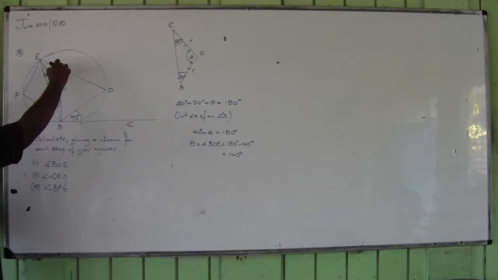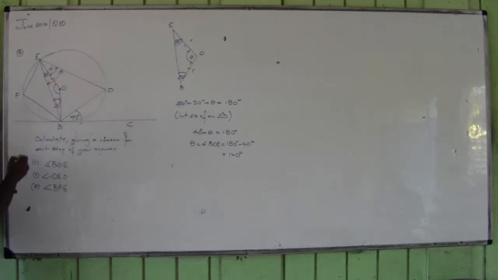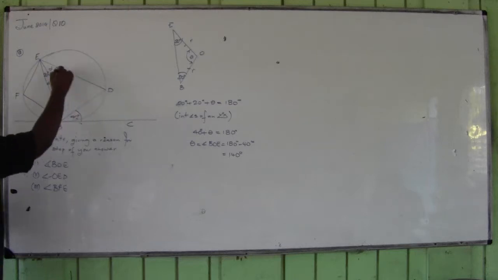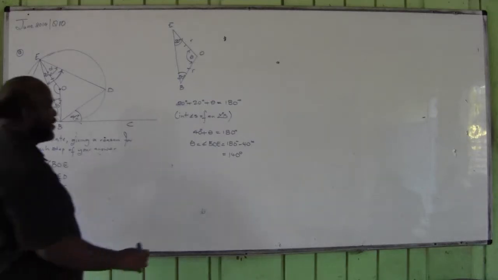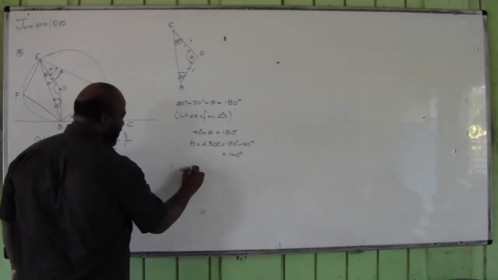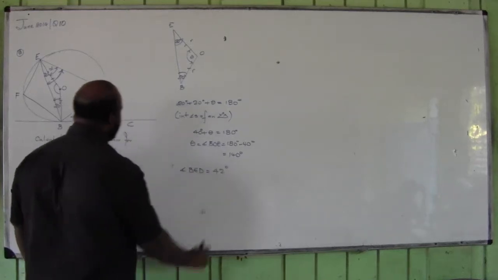This entire angle here is equal to 42. Let's call it alpha. This entire angle BED is equal to 42 degrees. So I'm going to say that angle BED is equal to 42 degrees.